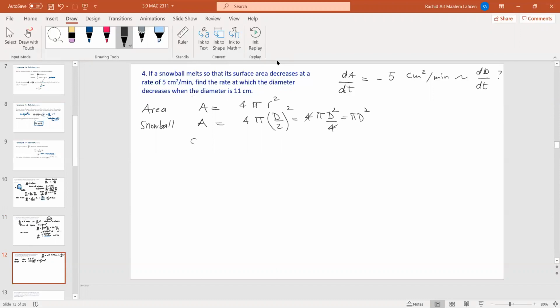Let's differentiate: dA/dt is pi times 2D times dD/dt, with a chain rule on it. The question is to find the rate of change of the diameter, so we divide by 2D and pi, and use the given information.